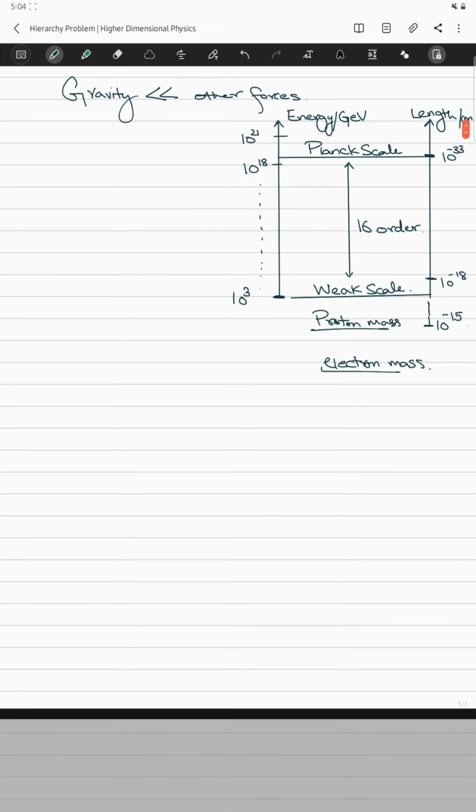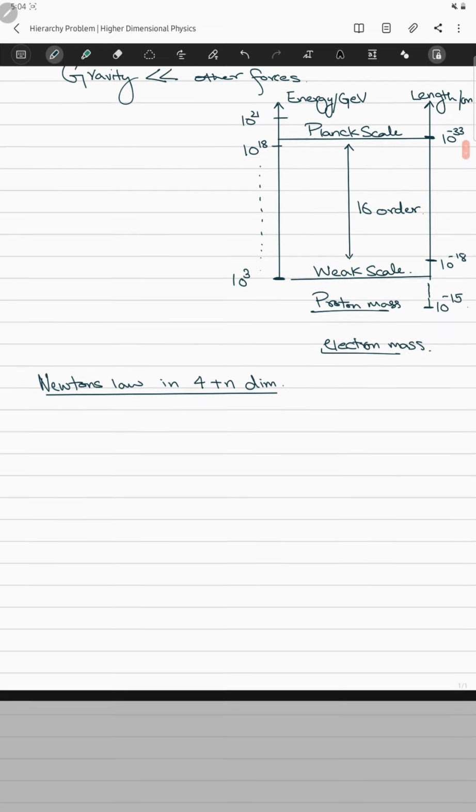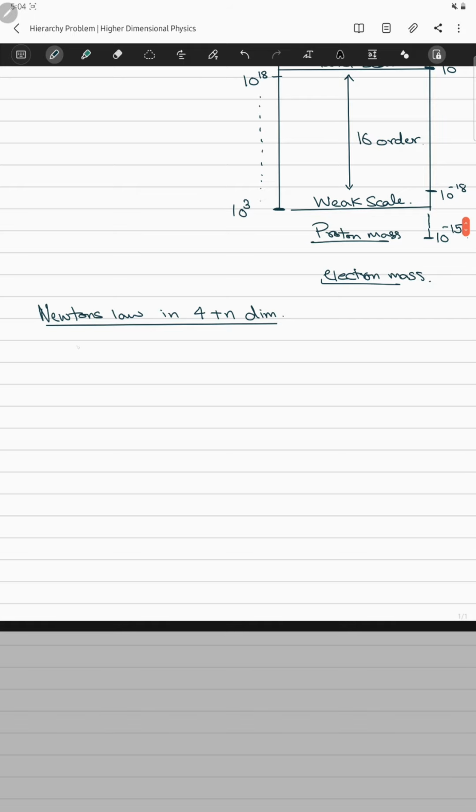I'm going to start off by considering Newton's law. Let's write it down over here: Newton's law in your normal 4 dimensions, and let's add some n to it, so in 4 plus n dimensions. It's very simple to write this down.